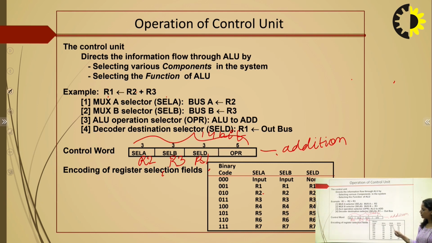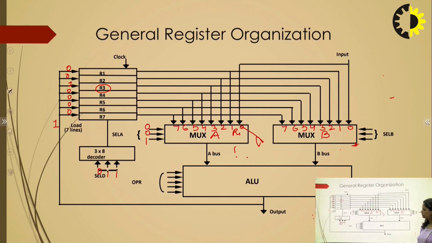So by putting this code in this particular selection format, in the previous diagram, here we have the code for R2 over here, and here we have the code for R3, that is 011, and for the arithmetic logic unit we have a 5-bit code for performing the addition operation between R2 and R3, and that code will be like this.